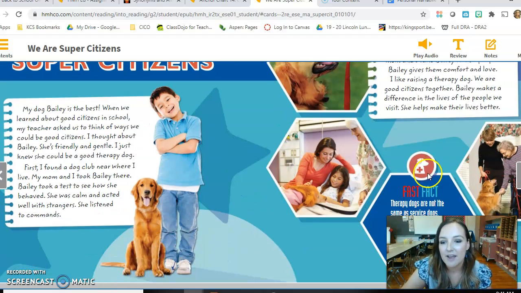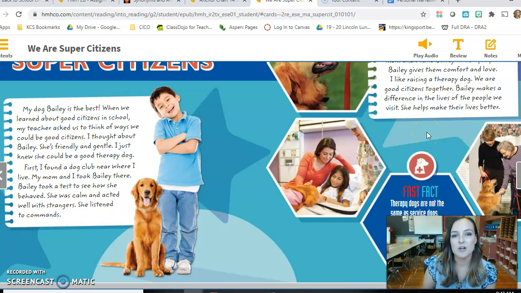So let's read our fast fact here. Therapy dogs are not the same as service dogs. Service dogs are trained to provide a certain kind of help for a person with special needs. So a therapy dog is more about making you feel good when maybe you're feeling sad or not feeling very good, maybe you're sick.